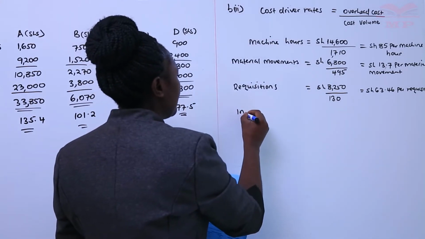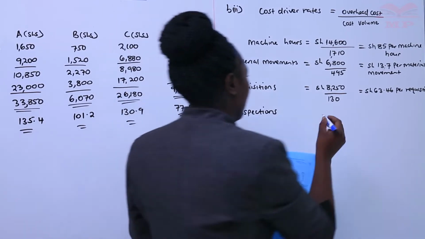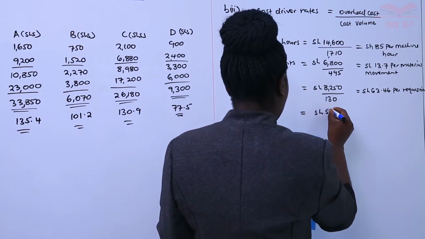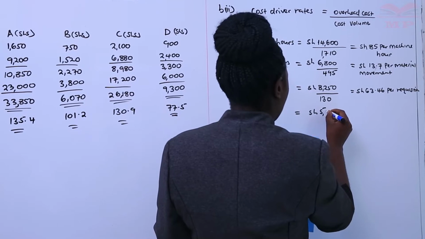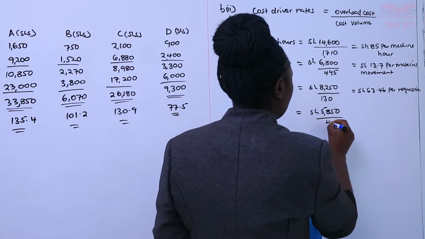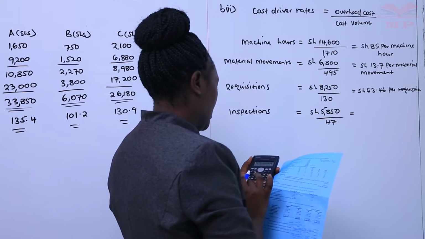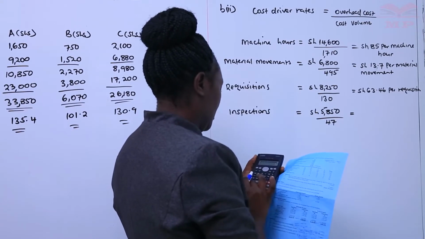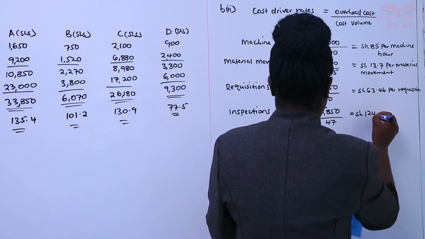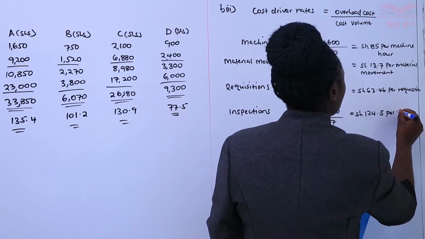Then we have inspections. The overhead cost is 5,850, and the volume is 47. So when you calculate, you'll get 124.5 shillings per inspection.